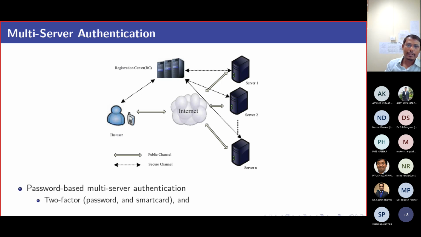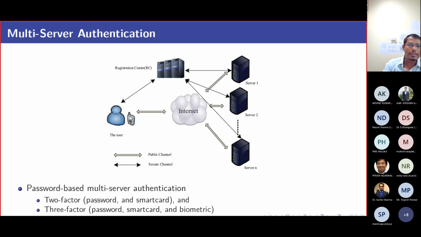As I said, there are various kinds of authentication factors involved. In single-factor authentication, the only secret credential is your password. In two-factor authentication, you have your password as well as, as nowadays you are familiar with, a smart card like your ATM card. Smart card-based authentication is also a two-factor authentication.